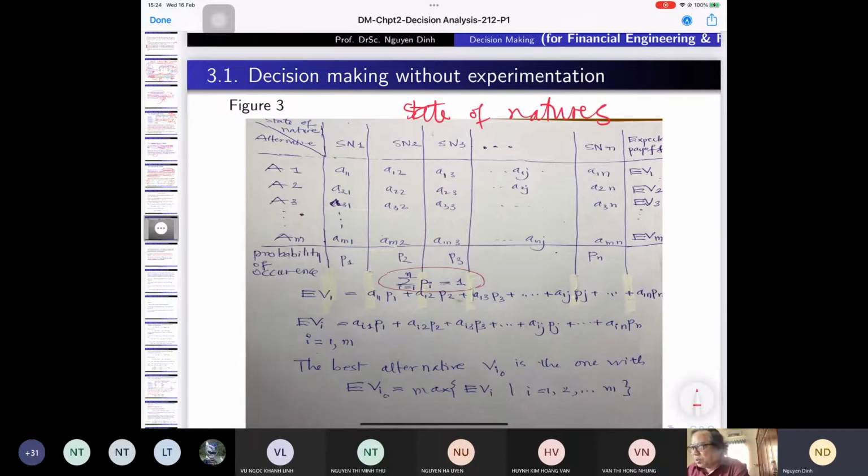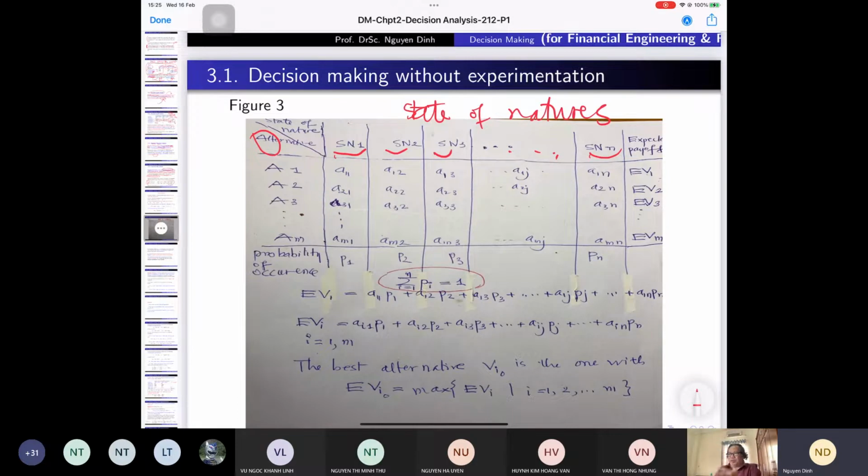You have state of nature 1, 2, 3, up to state of nature n. You have n states of nature. In the example there, we have 2 states of nature, bull and bear. But in the general case, we have n states of nature, and we have the alternatives. We should choose only one among the m alternatives, A1, A2, up to AM.